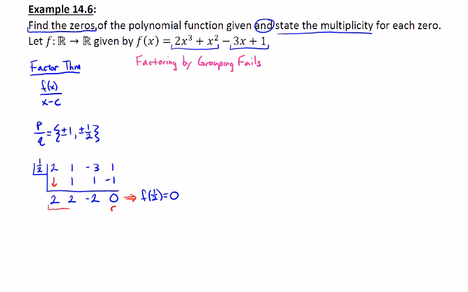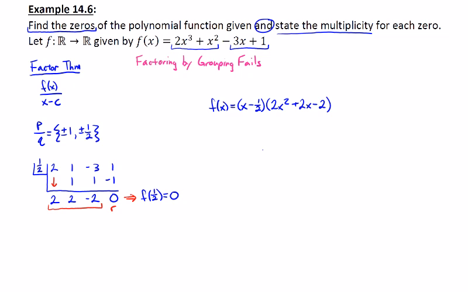And then we also have, of course, the quotient over here. The purpose of the factor theorem is to simulate factoring. So now we can say that f of x is equal to the divisor, which is represented by x minus 1/2, multiplied with the quotient. The quotient will be represented as 2x squared plus 2x minus 2.